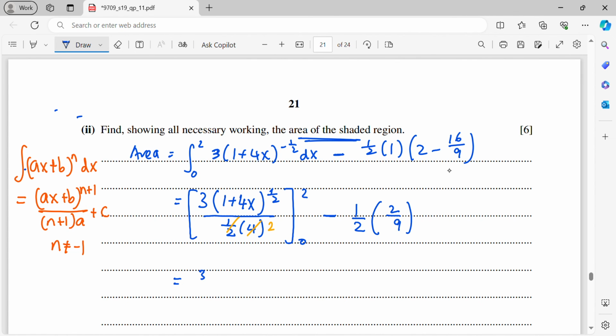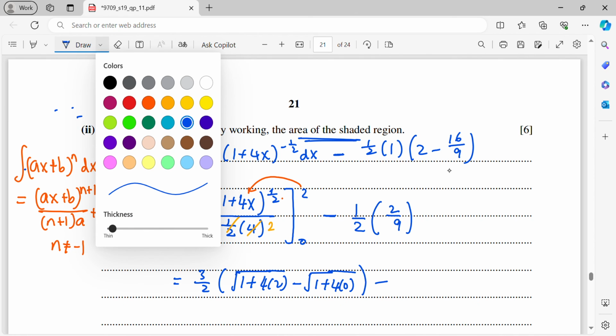It becomes 3 over 2 here. So now I will replace the x by 2. Okay, and this degree half is square root. You can remain this as degree half, or you change to square root, it's up to you. So I will write square root 1 plus 4 times 2 minus square root of 1 plus 4 times 0.